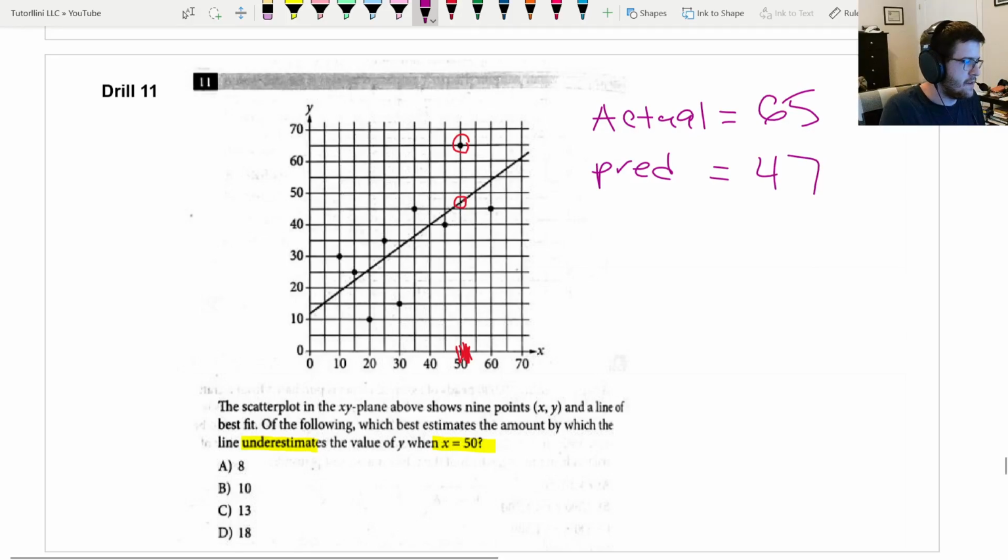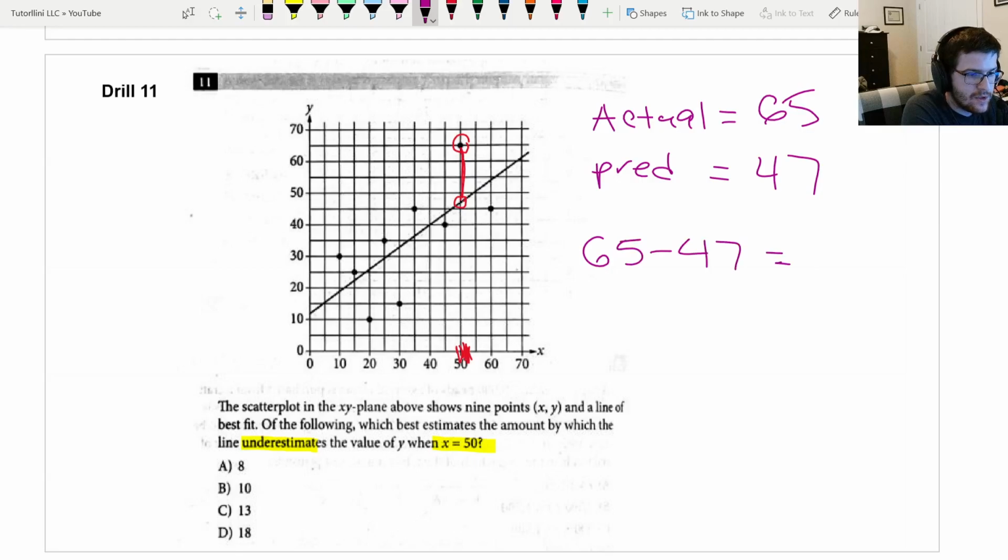Yeah, let's go with 47. To find the underestimate or overestimate, it just wants to know this distance here. We just subtract them. So 65 minus 47 is equal to 18, which is the correct answer.